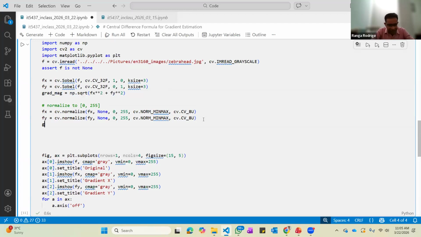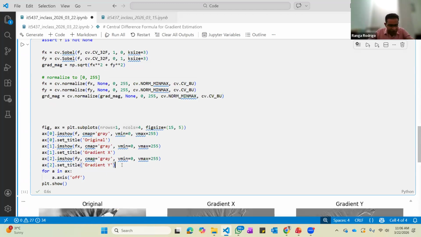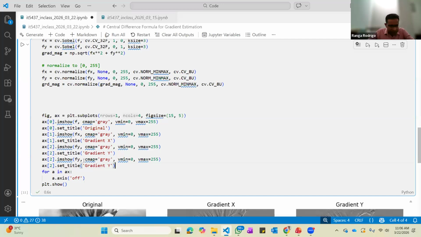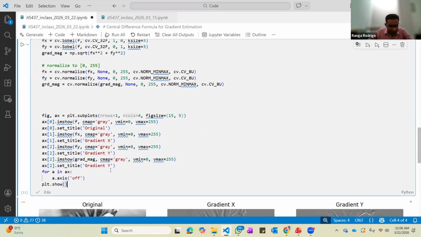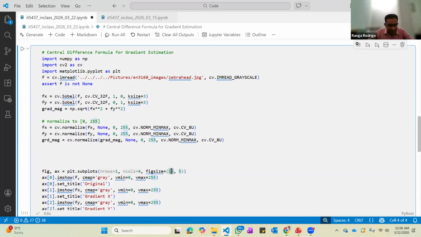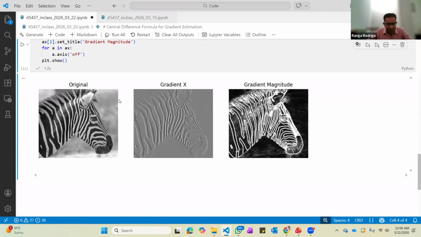So let's normalize that also. Otherwise, you cannot display that grad mag. grad_mag equals cv.normalize(grad_mag) and then plot grad mag also. Gradient magnitude. I think we have 16 and 4.